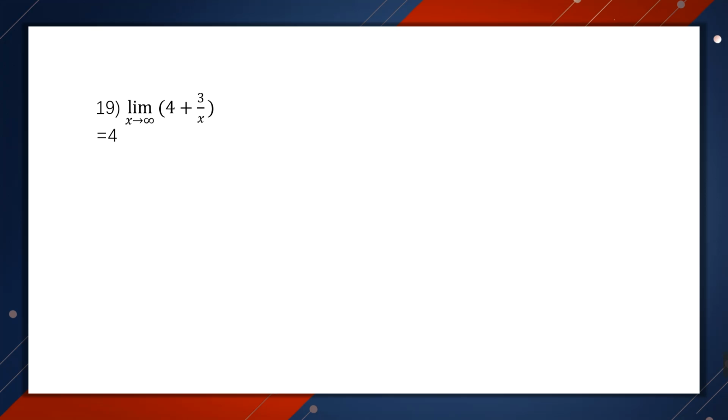This question is easy because we have said before. When the limit of 4 plus 3 over x when x approaches infinity, we firstly replace x with infinity in this function. So it is 4 plus 3 over infinity, and because 3 over infinity is 0, the final result is 4.